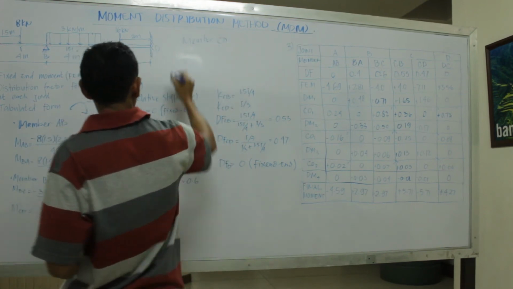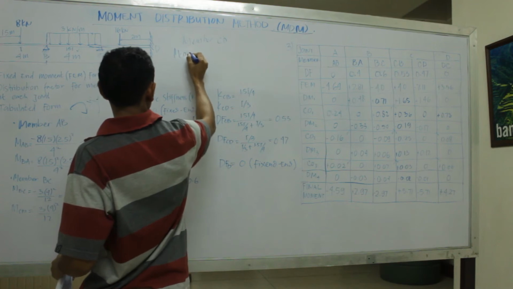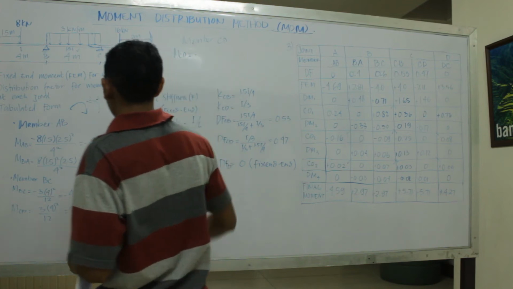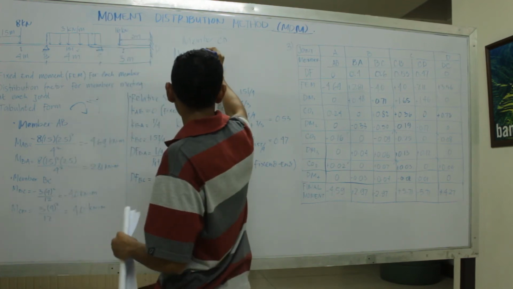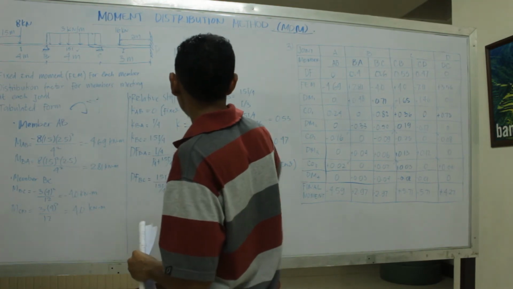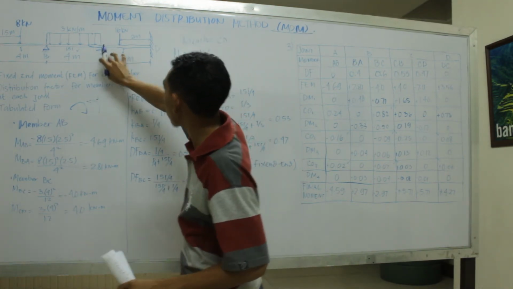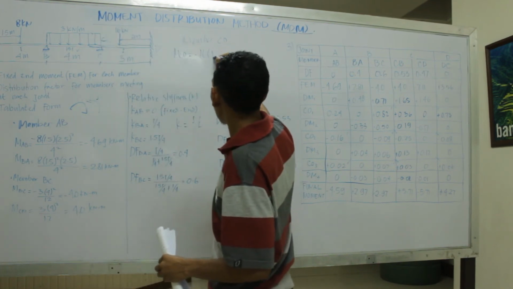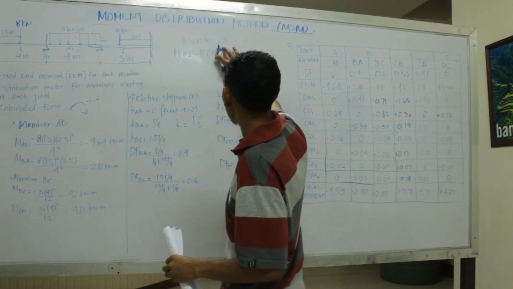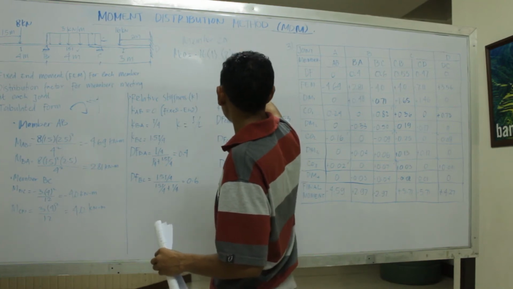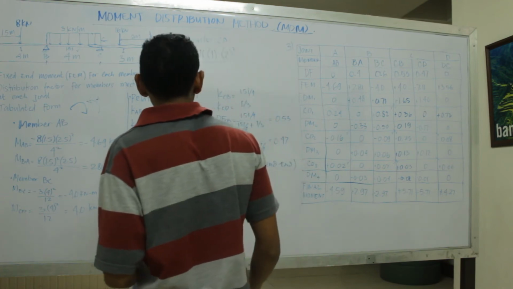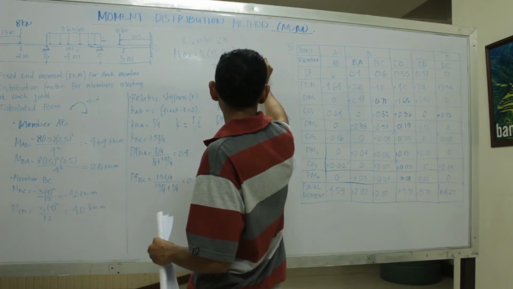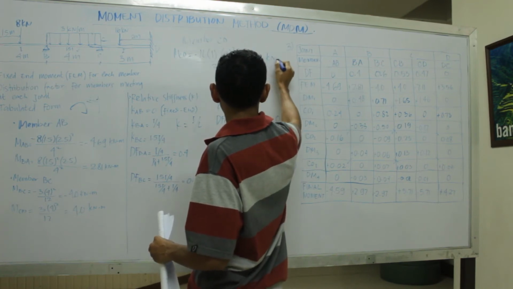So for member CD, we have moment CD is equal to negative 16 kilonewtons multiplied by 1 squared, the whole distance here is 3, so we have 2 here, so this one is equal to 1 meter here, 1 squared, 2 squared over 3 squared. So we have here is equal to negative 7.11 kilonewton meter.